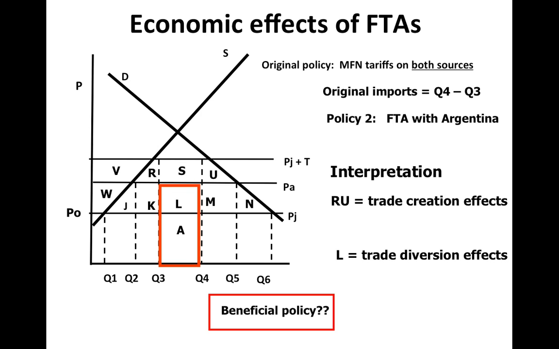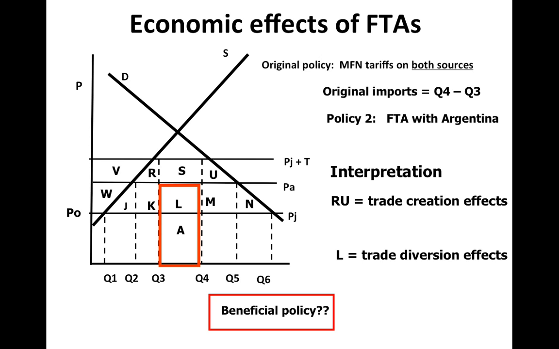And L is that increased cost. That's the trade diversion effect. So if the trade diversion effect is relatively small, that there's not that much difference between the Argentinians and the Japanese, this can be a good policy.